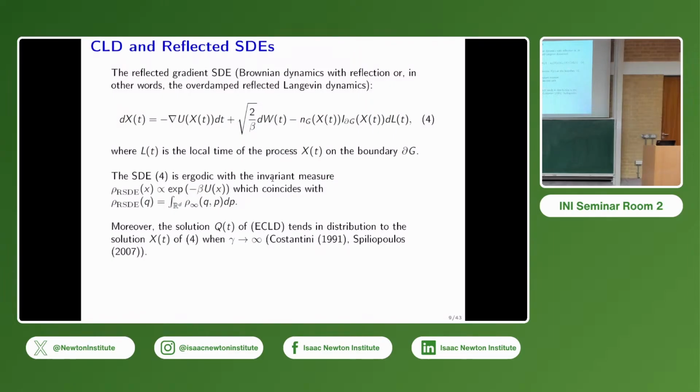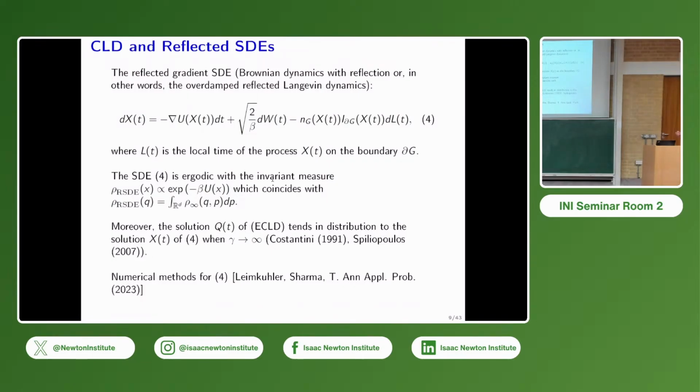And as you see, this invariant measure is just a marginal of the invariant measure we have for the ECLD. So this object can also be used for sampling from distributions with compact support. And indeed, this was the topic of our previous paper with Ben and Akash.